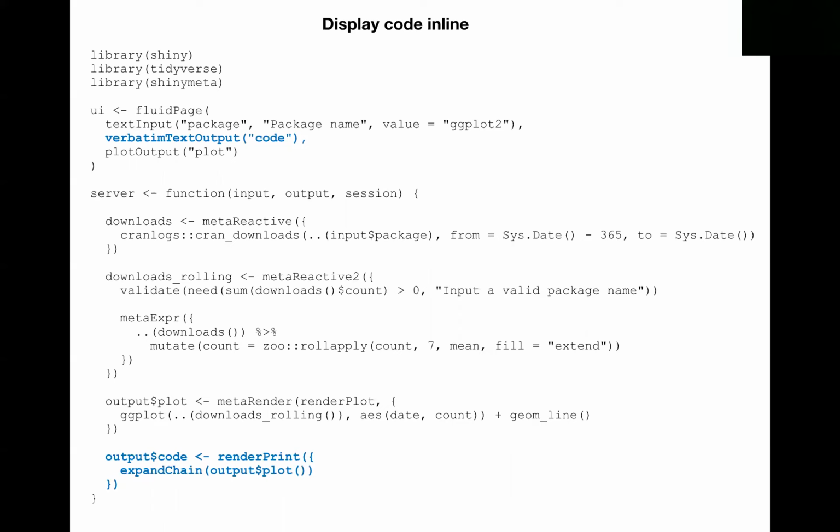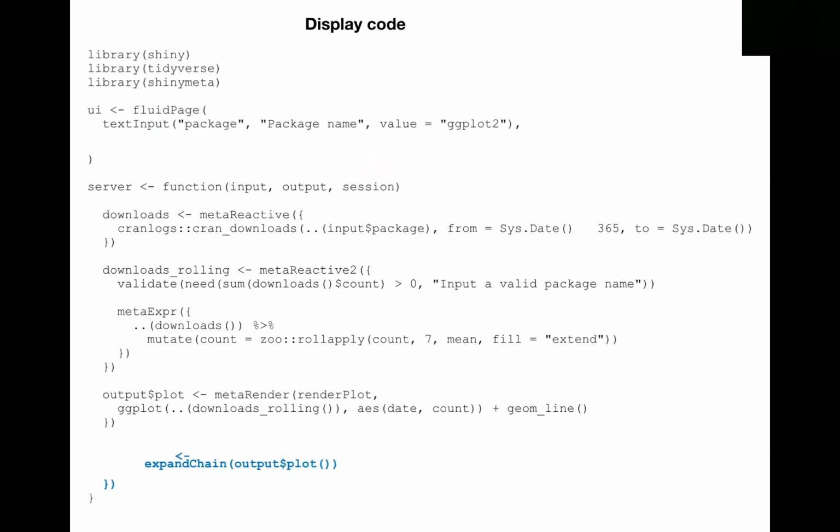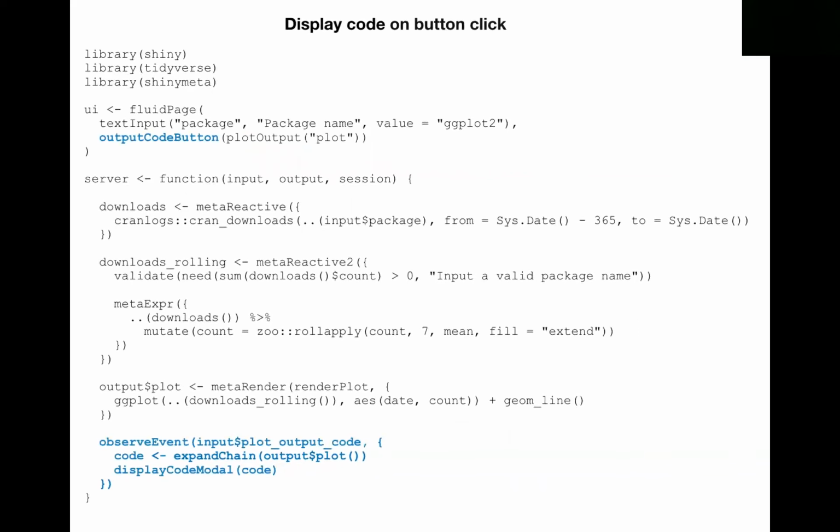Now, this is what it would look like if you wanted to use that output code button. You don't need the verbatim text output anymore. You can just use this output code button to wrap whatever output you're interested in exporting the code for. And then there's a special input variable that you can listen to for changes.